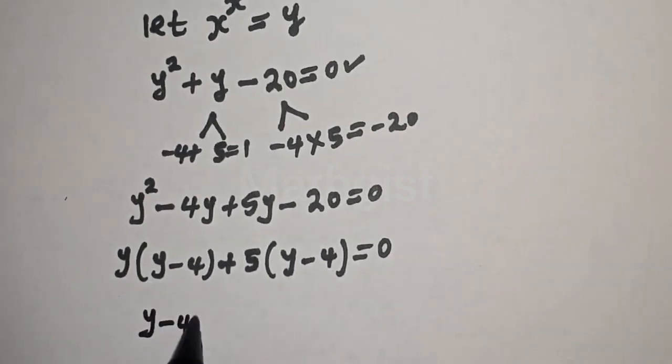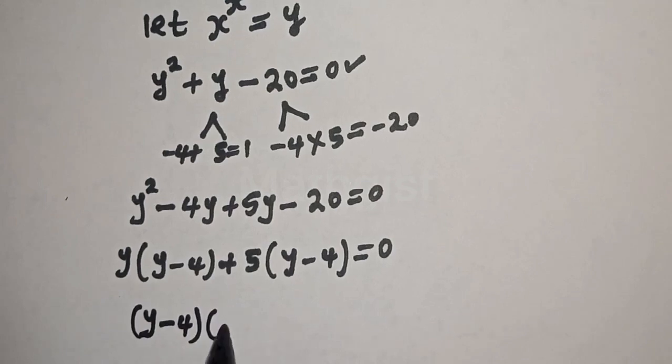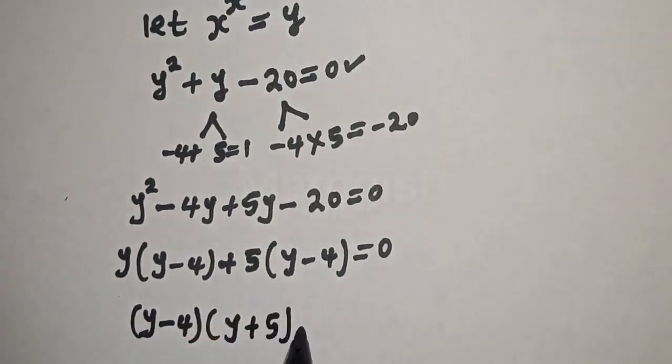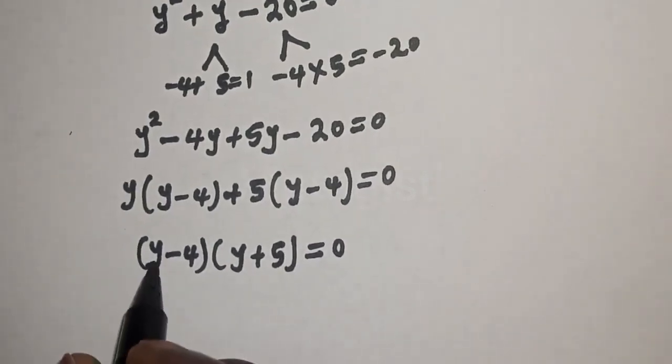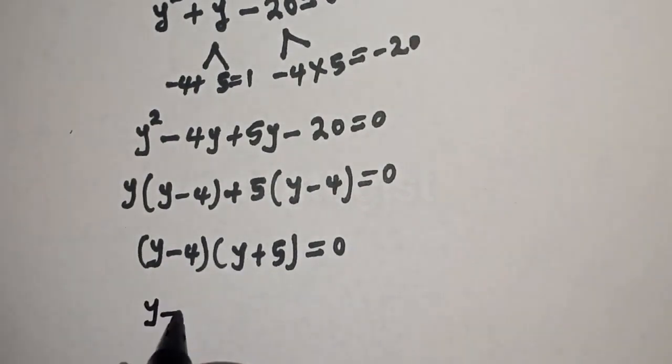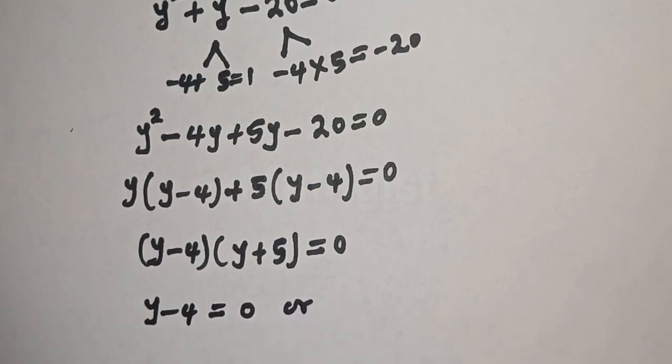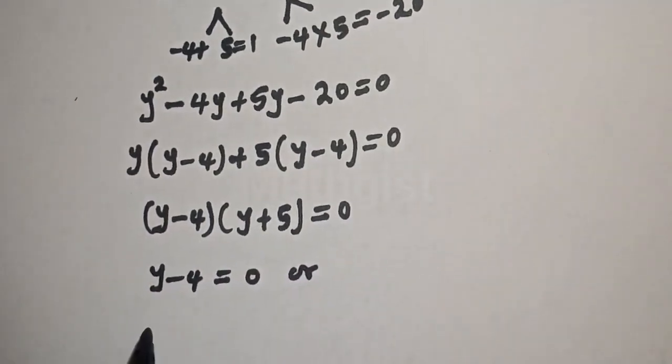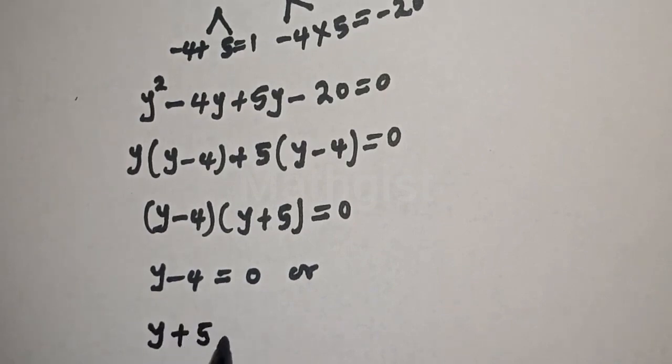So y minus 4 bracket y plus 5 is equal to 0. Now let's see. There are two cases here. y minus 4 is equal to 0, or from the second case, y plus 5 is equal to 0.